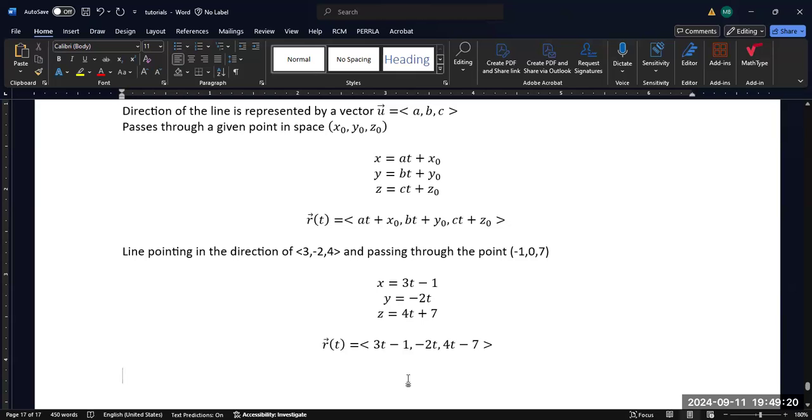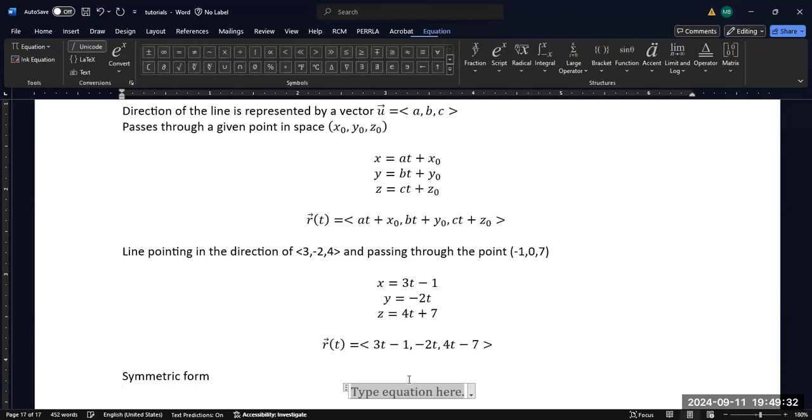Now, in symmetric form, basically this is derived from solving each of our equations for t, and then setting all the t's equal to each other.